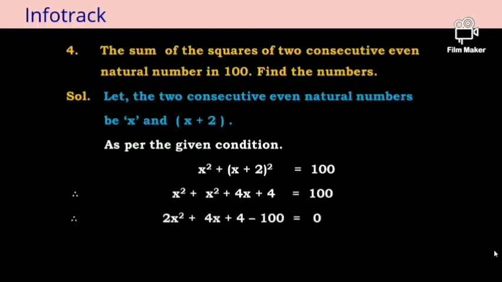By transposing that, 2x square plus 4x plus 4 minus 100 equal to 0. So 2x square plus 4x minus 96 is equal to 0. Throughout the equation, you can cancel the 2. By dividing by 2, you will get x square plus 2x minus 48 equal to 0.